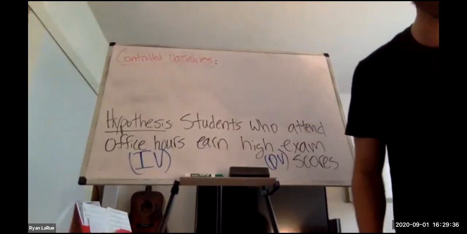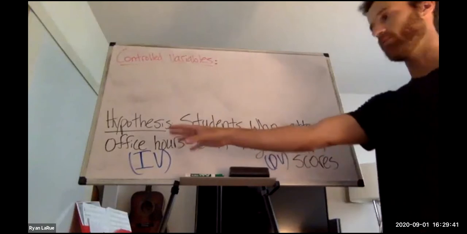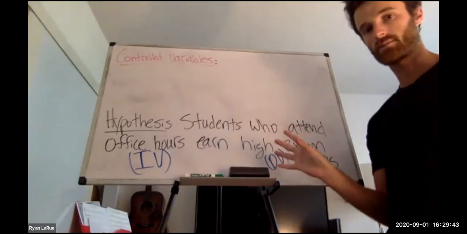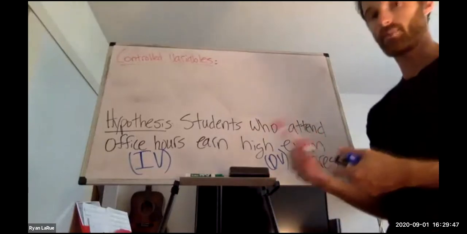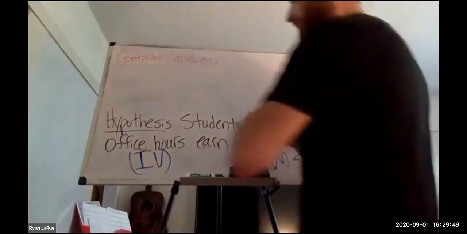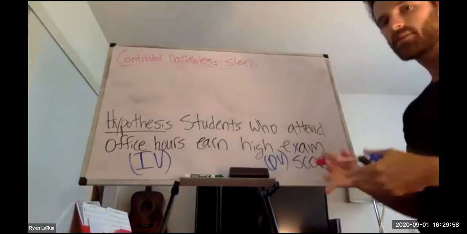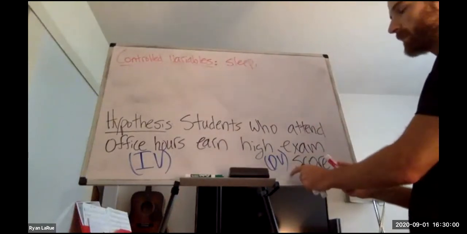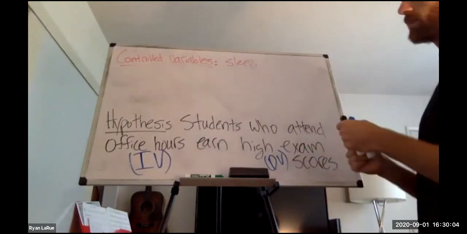So for this hypothesis, if we want to directly see if the office hours influence their exam scores, we're going to have to control for a lot of things, such as the amount that students are sleeping. So remember, our controlled variables are anything that could influence our dependent variable here, the exam scores, other than our independent variable.